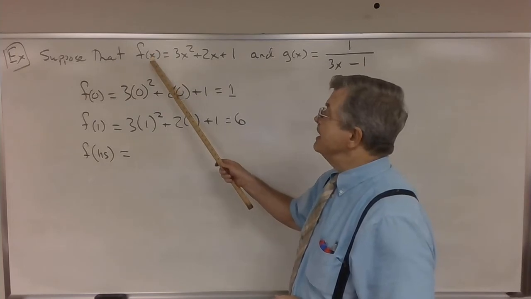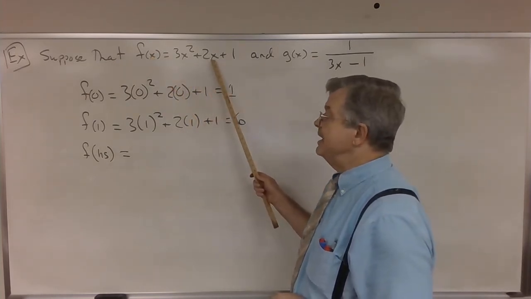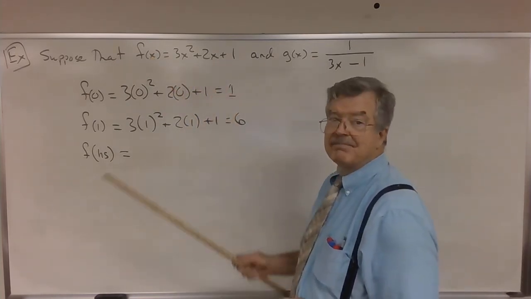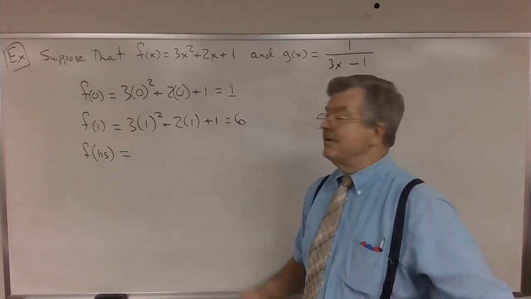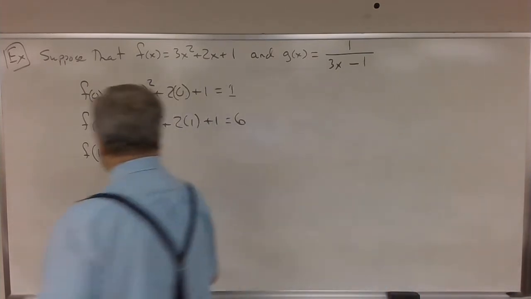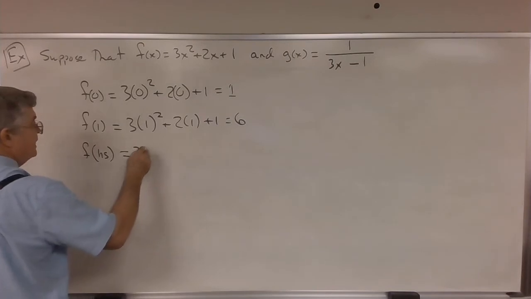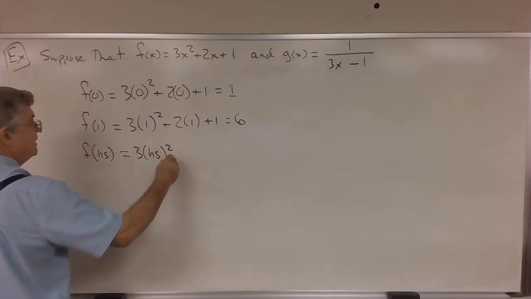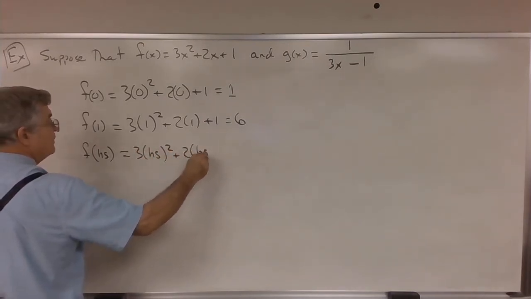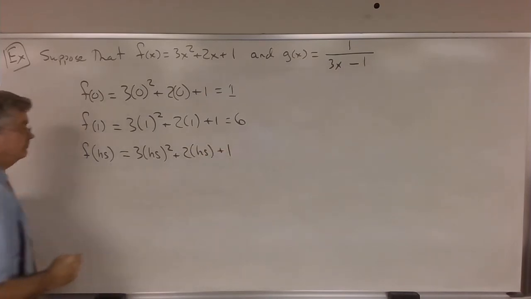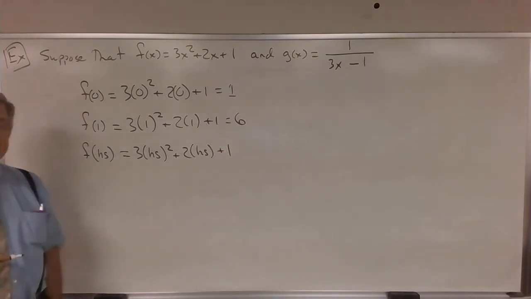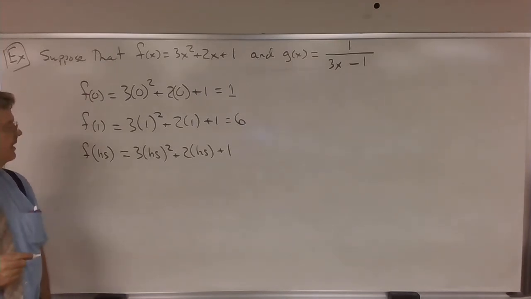So every place up here in our model that we see an x, we put a ham sandwich down here. And we're going to get 3 ham sandwiches squared plus 2 ham sandwiches plus 1. And if that's what we were thinking we should do, then we were absolutely right.